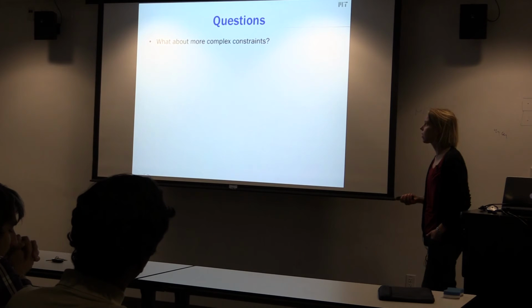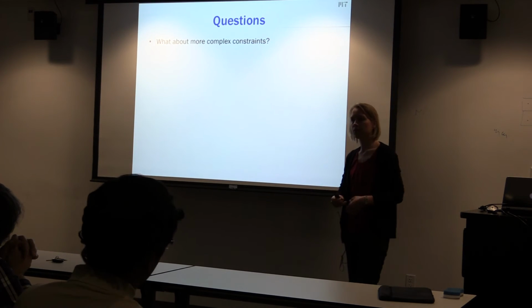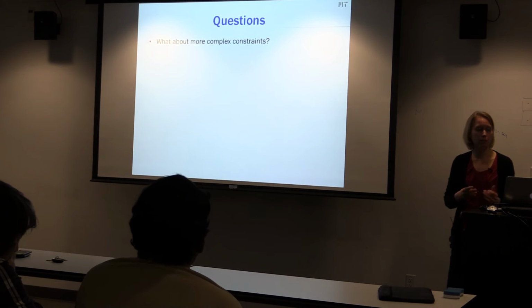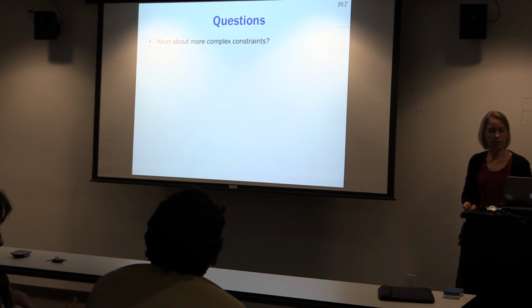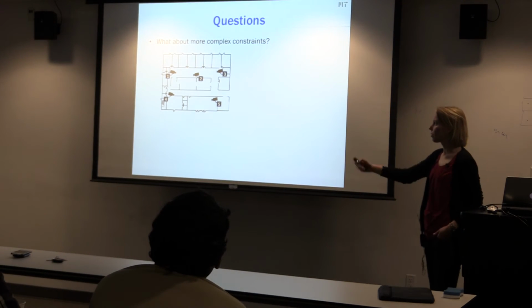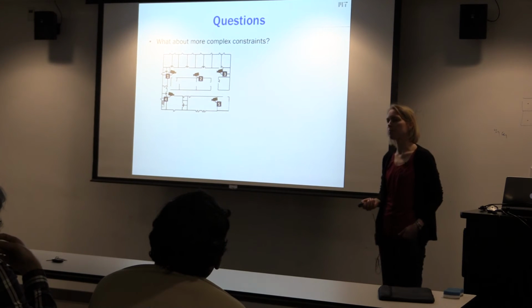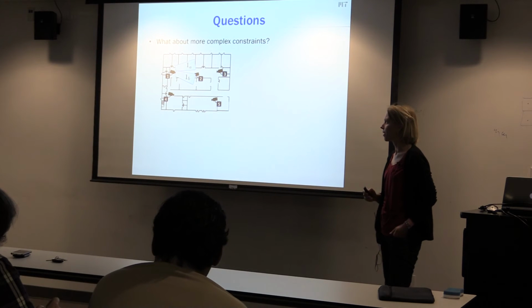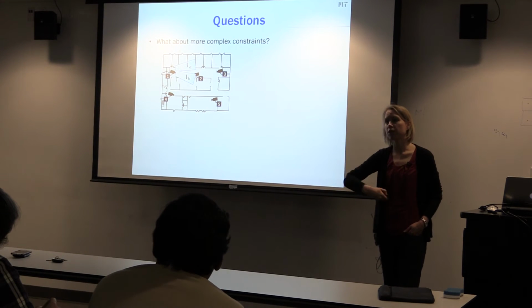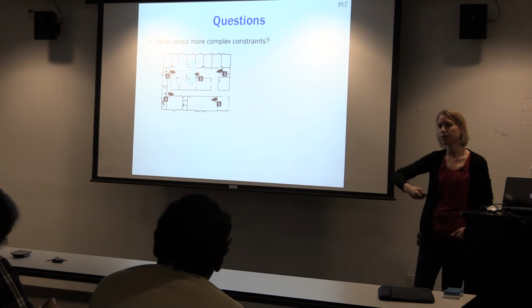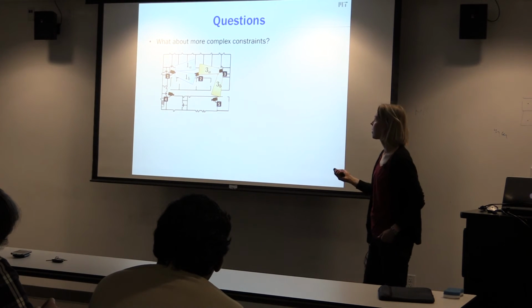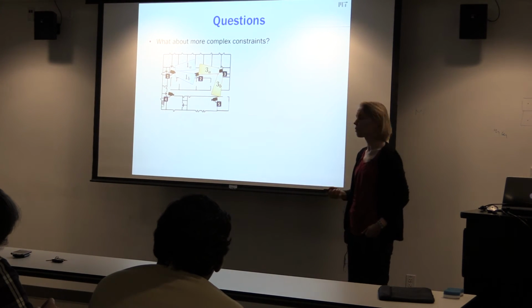Another question is, so far I've talked about what if you want to maximize with a constraint that I'm not picking more than k. What if I have some more complex constraints? For example, again the sensing problem, but now I'm picking not only which cameras I should activate, but also where they should point. For each camera I have a range of different directions where they can point, and obviously I can point each camera only in one direction.